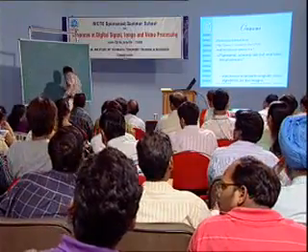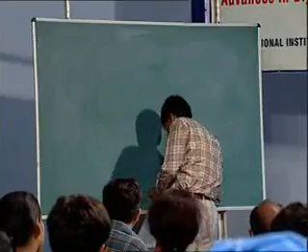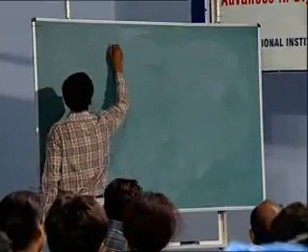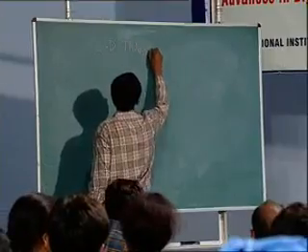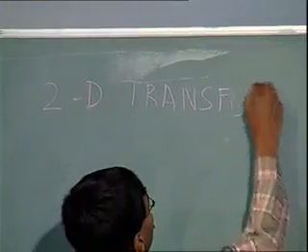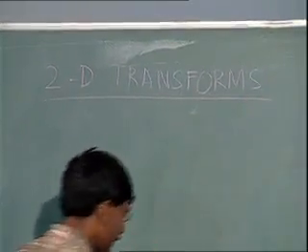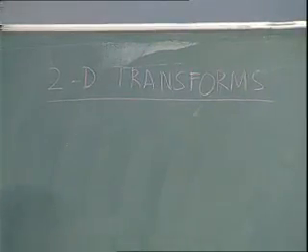Okay, let's suppose we consider two-dimensional transformations. So please bear with my horrible handwriting. Essentially the input is a 2D point and the output would also be a 2D point.